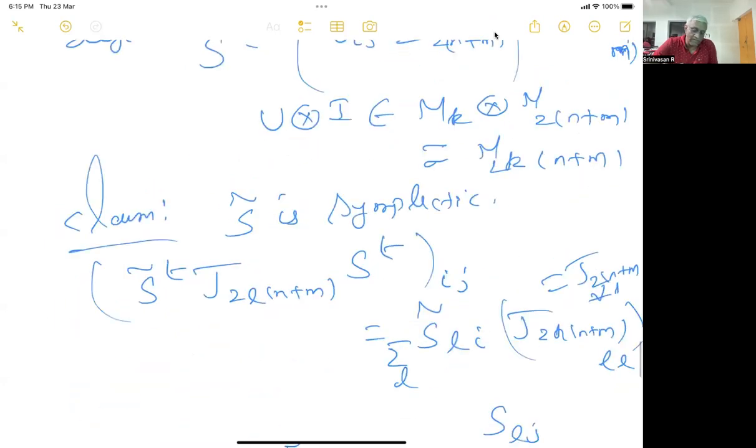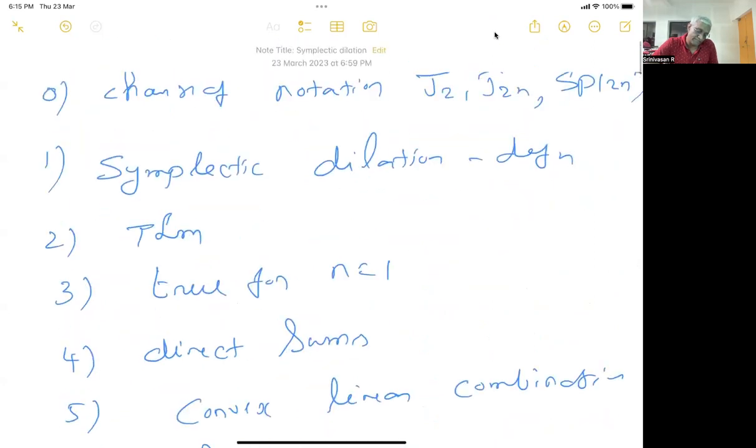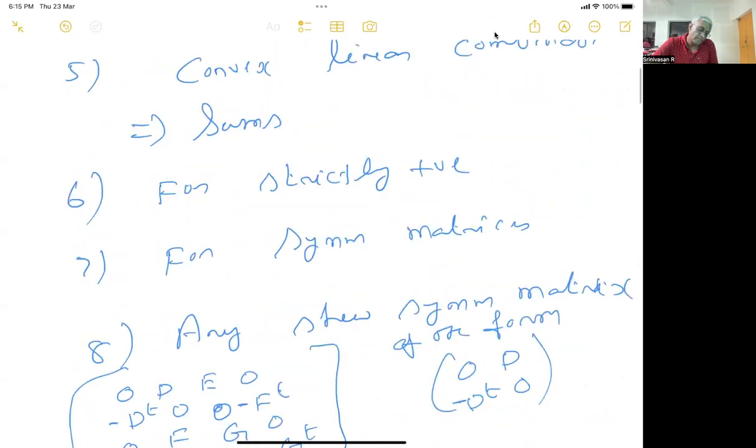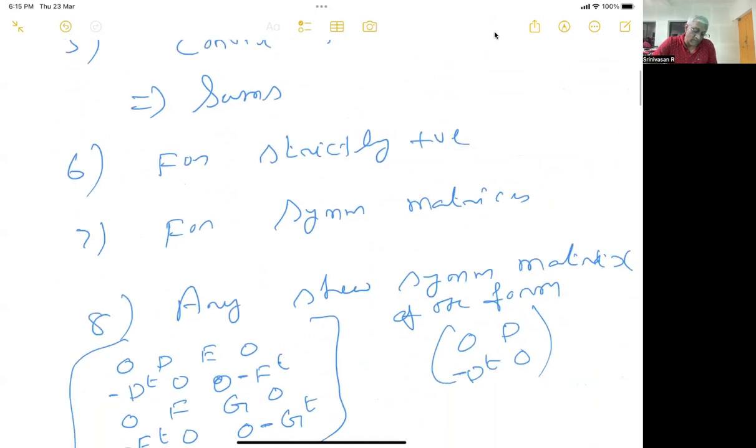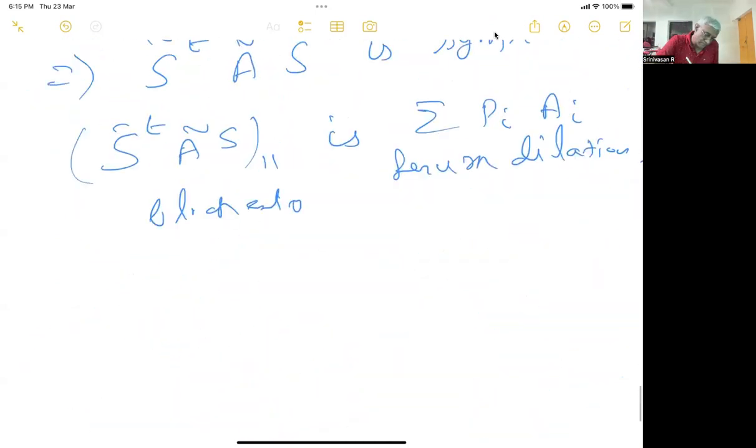So we will go to the next lemma. This is clear, no? We'll go to the next lemma. So from this convex linear combination, we have a corollary. See, if something is a symplectic matrix, a constant multiple of that is also a symplectic matrix, right?